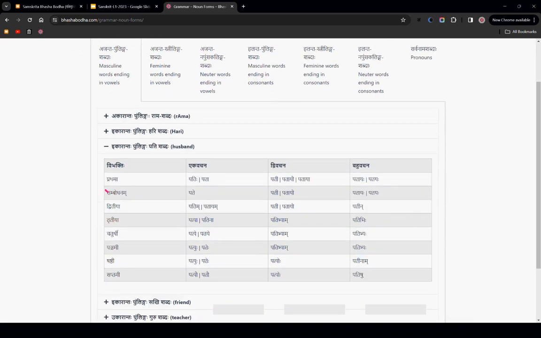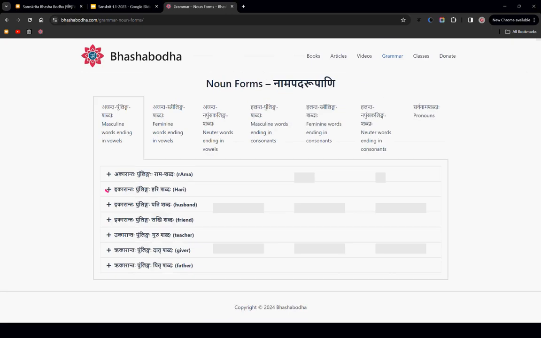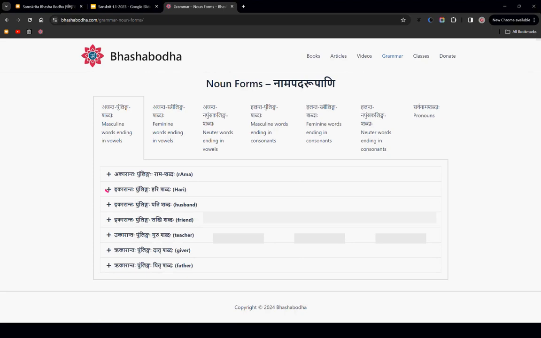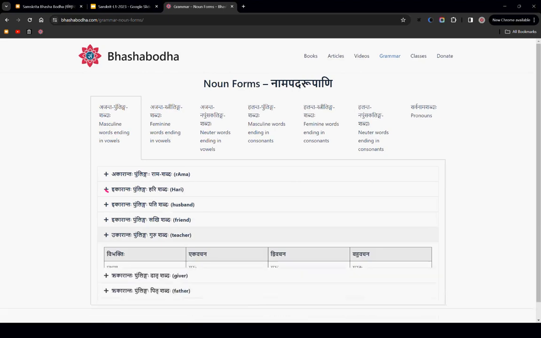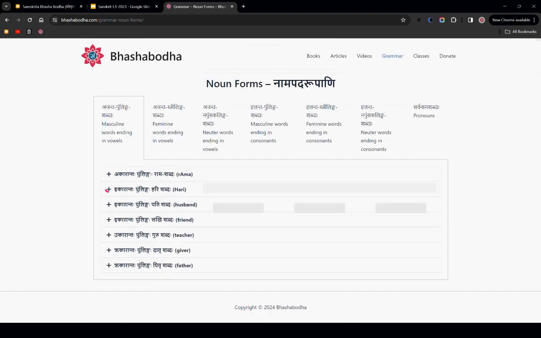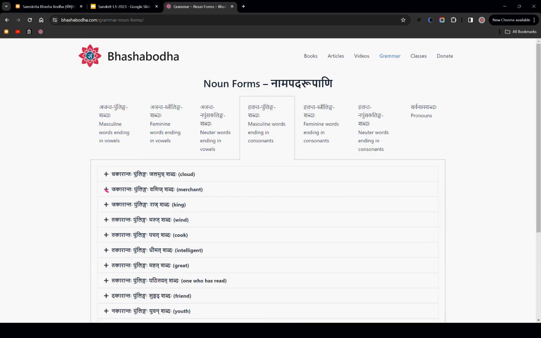There are two forms here actually, but let's take this one, Patayah. Here Sakhayah, Guravah. If you look at ru, Datarah, Pitru, Pitarah, and so on. There is also Halanta Pullinga.